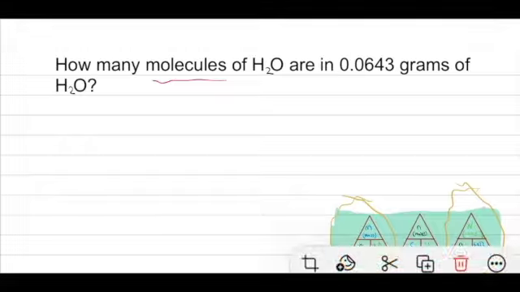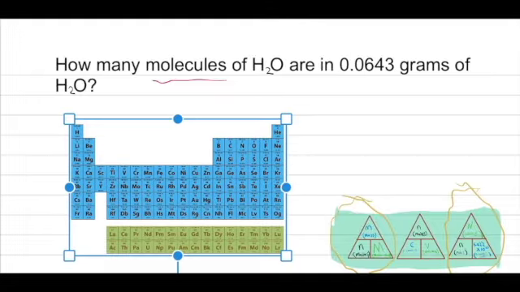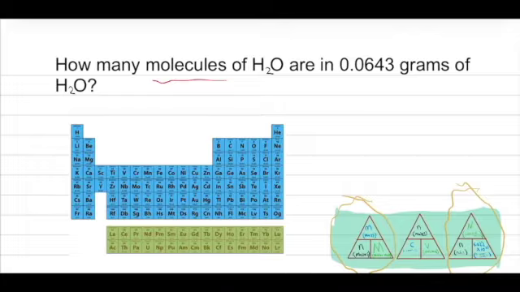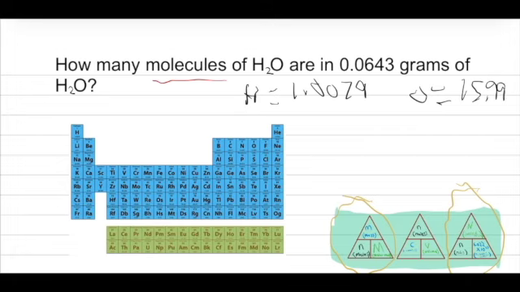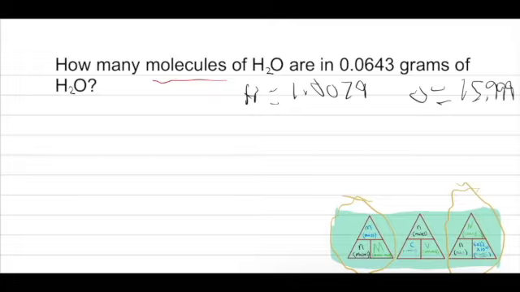Let us bring the periodic table back in, and let's see what the molar mass is. For hydrogen, it is 1.0079, which you can technically round to 1. And oxygen is 15.999, which again, you can of course round to 16. Let's get rid of this and solve.